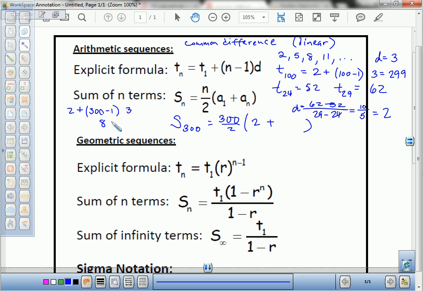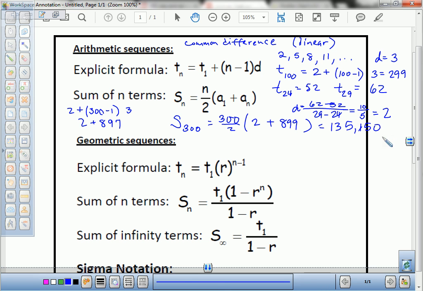So this would be 897 plus 2 is 899. And then we do 150 times 901. And that's 135,150.